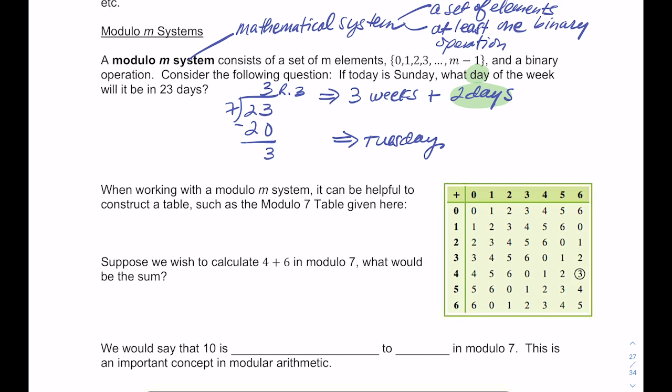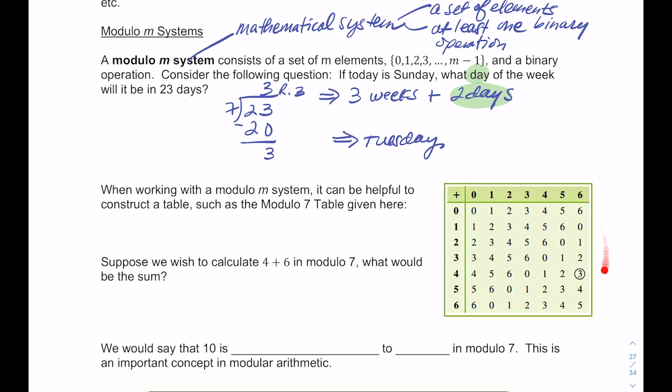It can be helpful to think about a table, which, if you'll remember, looks very similar to the base tables that we had in chapter 4. When we're dealing with the number 7 and you divide by 7, at most you can get a remainder of 6, right? So you'll have a remainder of anywhere from 0 to 6.